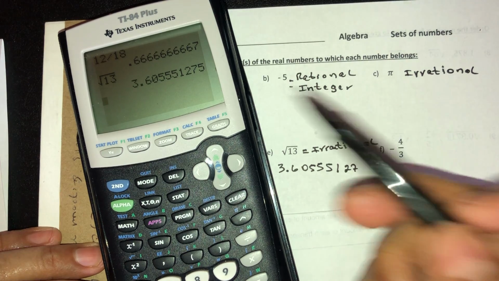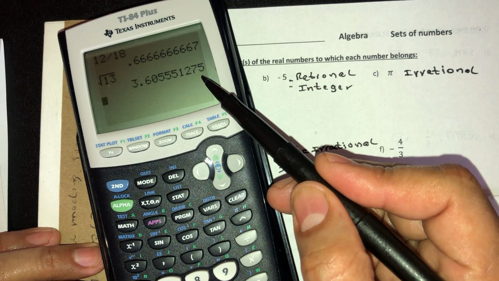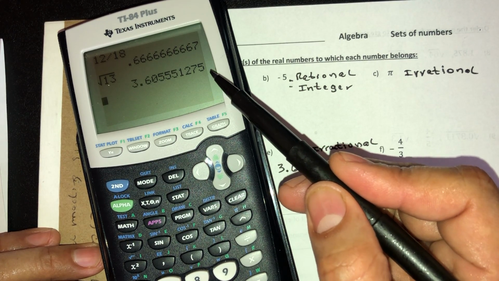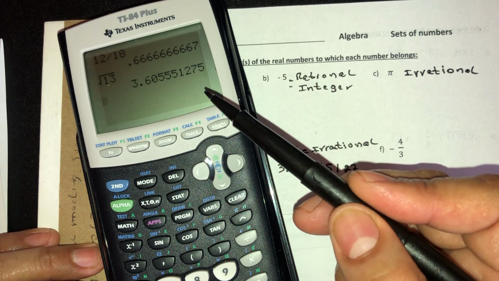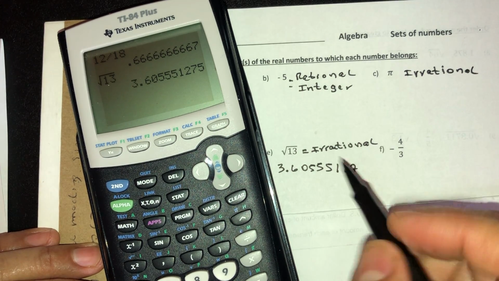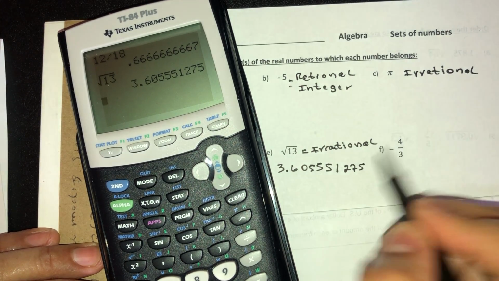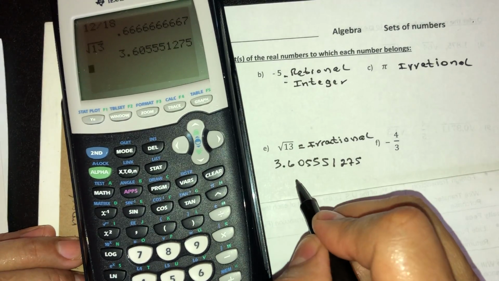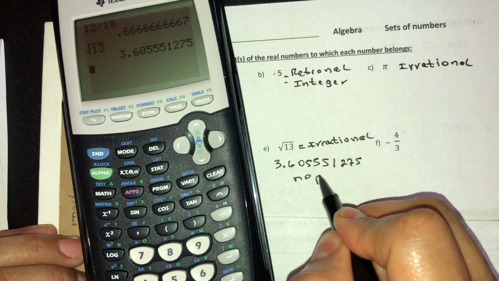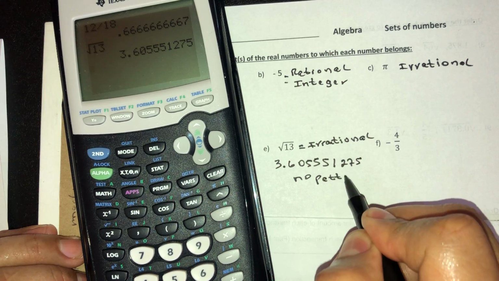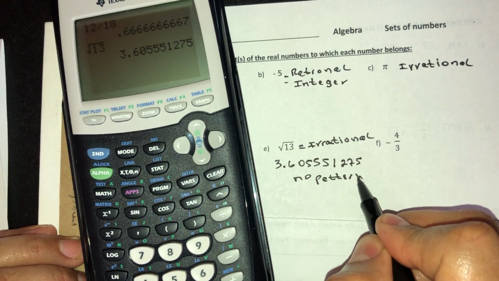But remember, that probably was a 4, and because the calculator doesn't hold more than 10 numbers, it will round them up. But you can definitely see that there is no pattern here, okay? You can say no pattern of repetition.